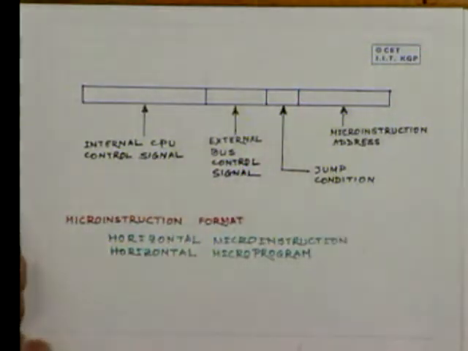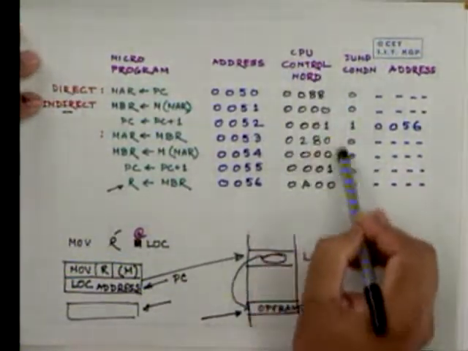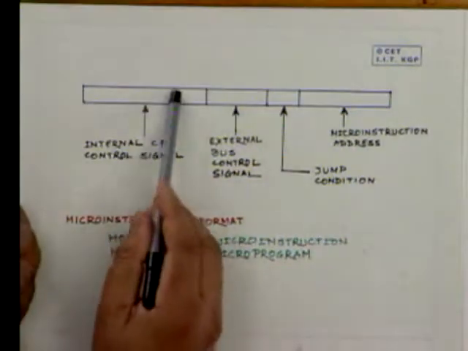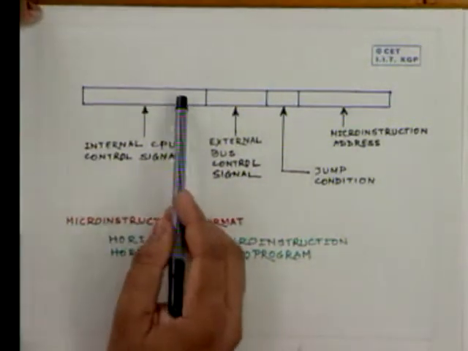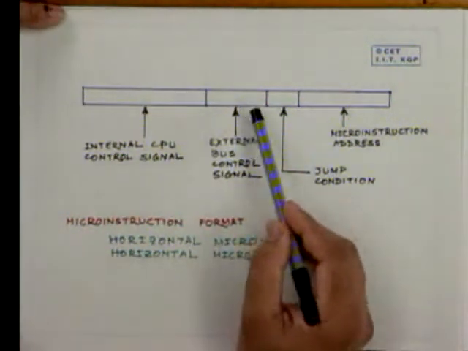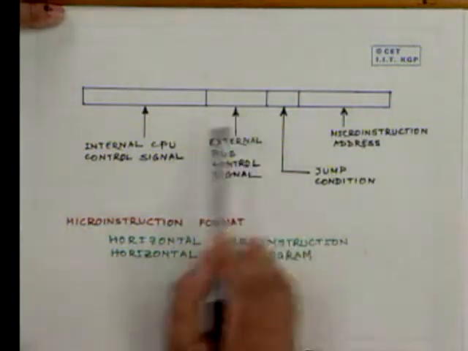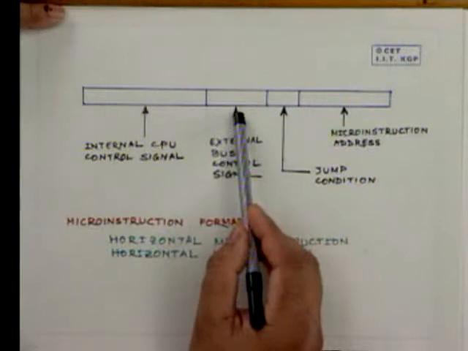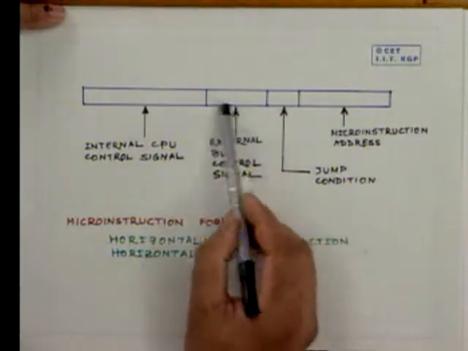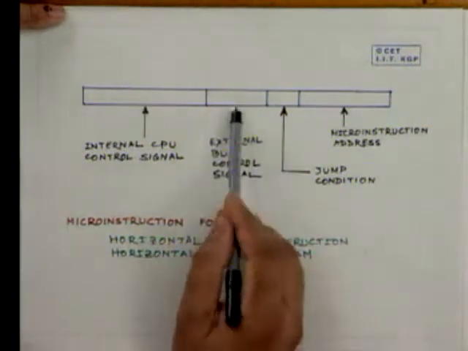So, for example, the CPU control signals. Now, the control unit is not supposed to control only the gates within the CPU. It is supposed to send control signals to the external bus also, like memory read, memory write, etc. Signals like write done or data ready are also to be taken care of.